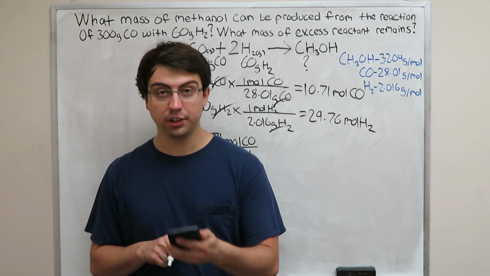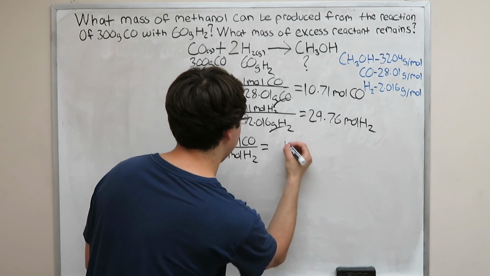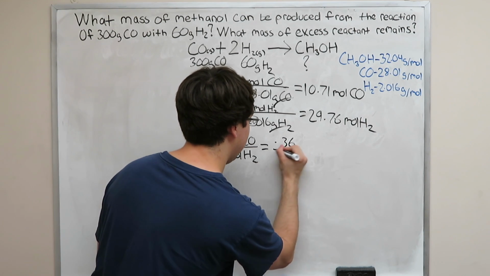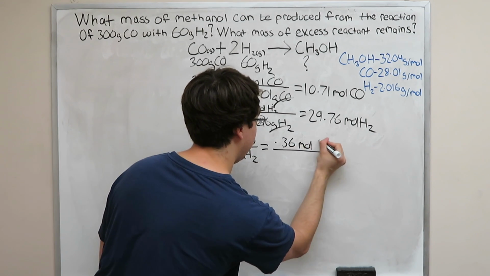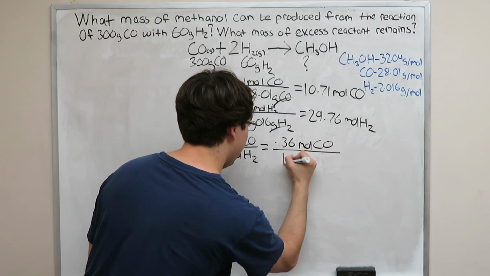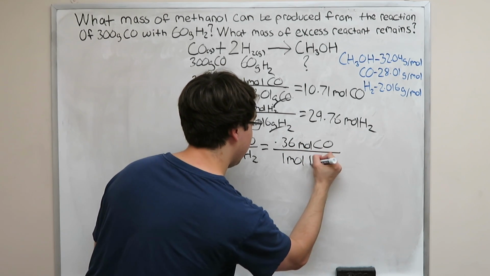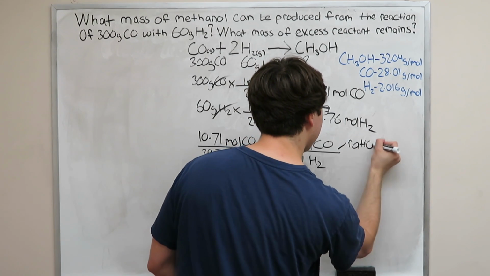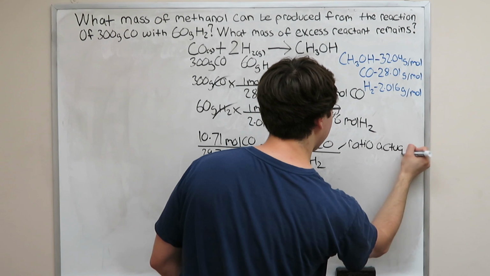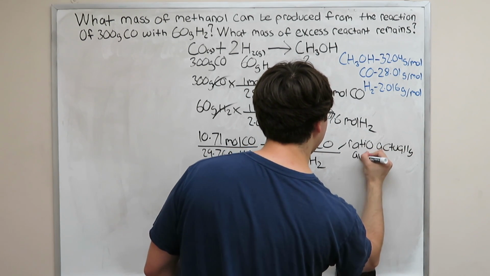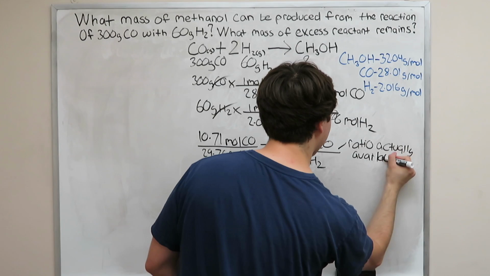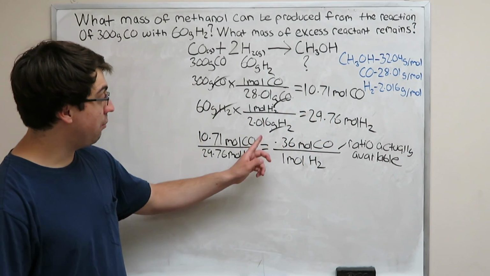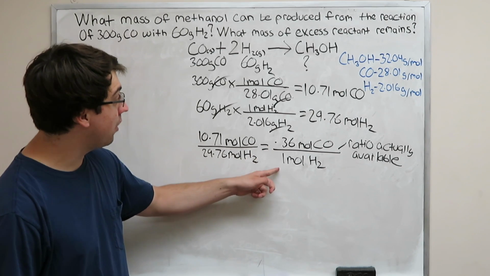I'm going to round to 0.36. And we got 0.36 moles of carbon monoxide for every mole of hydrogen.